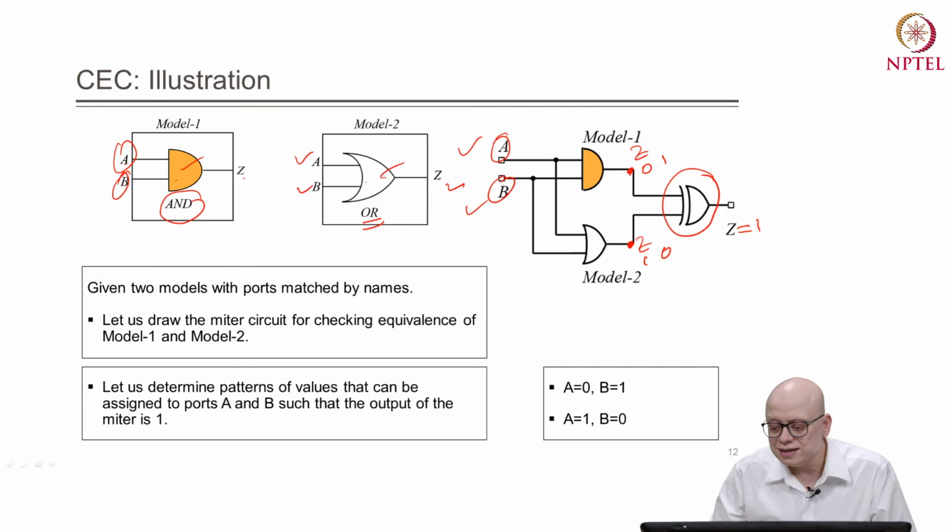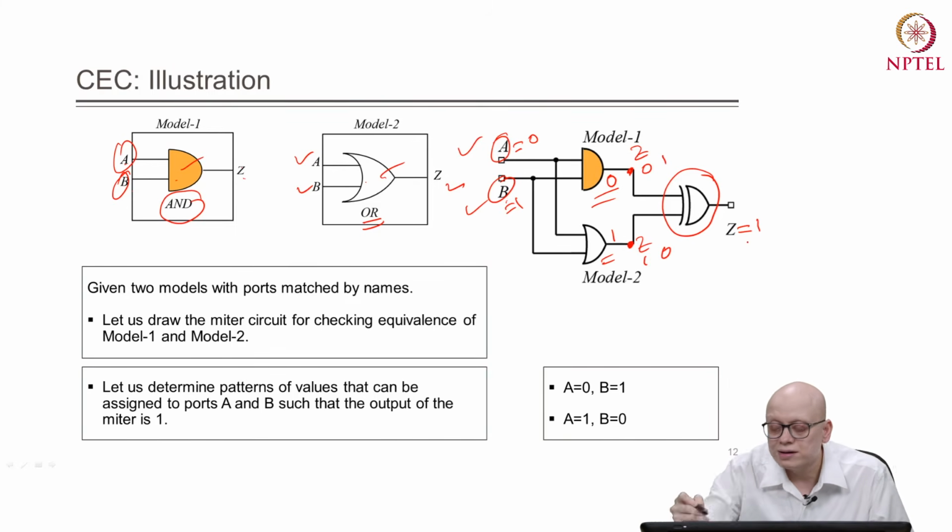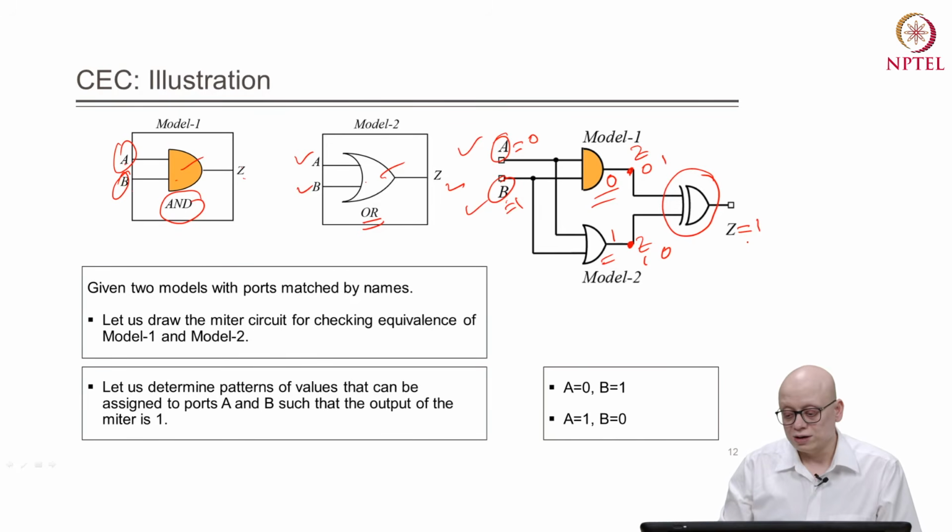We can easily see that if A is equal to 0 and B is equal to 1, this will produce 0 and this will produce 1, and the mitre will produce an output of 1.